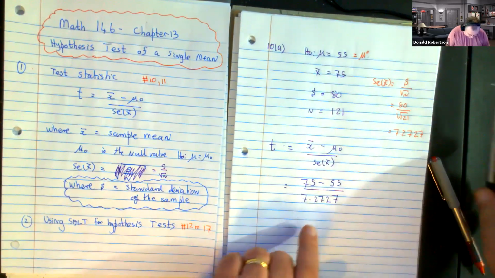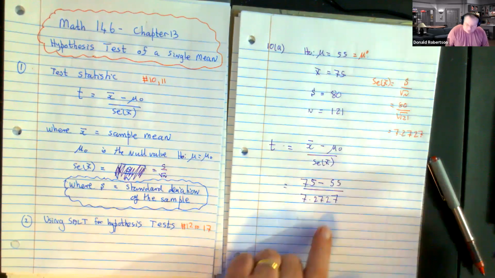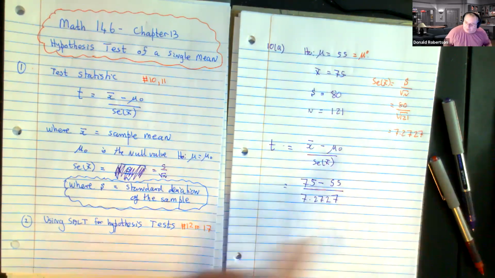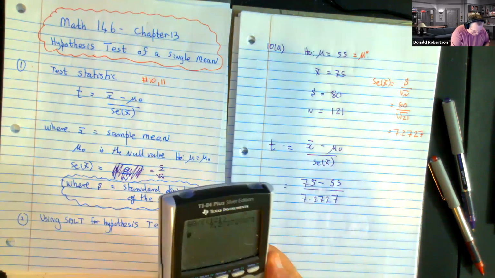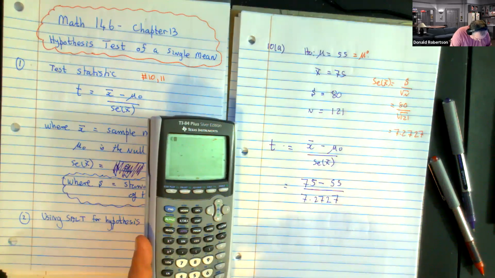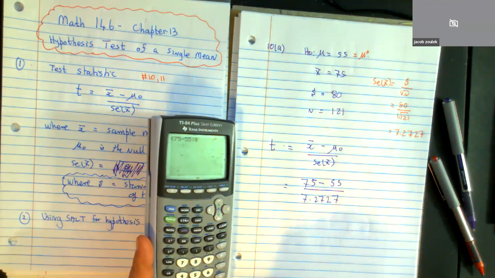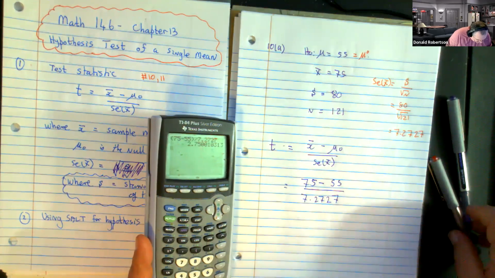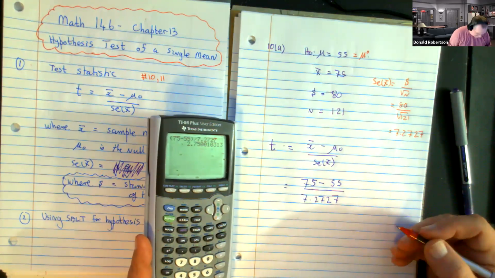Because they wanted the answer to 2 decimal places, I made sure that was a couple of decimal places extra just because of rounding errors. So on our calculator, I put a bracket, do 75 take away 55, and then divide by 7.2727, hit enter, and the answer I get is 2.75.